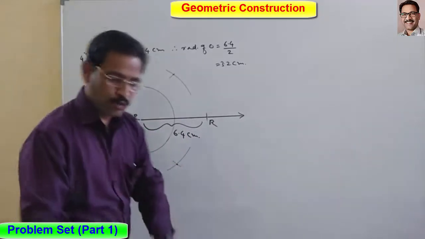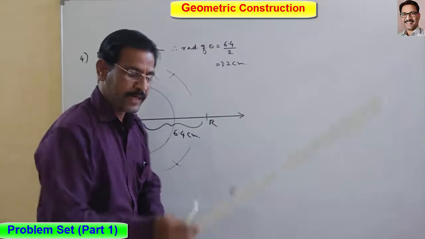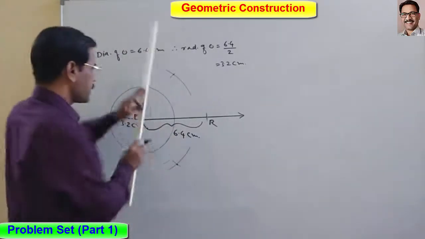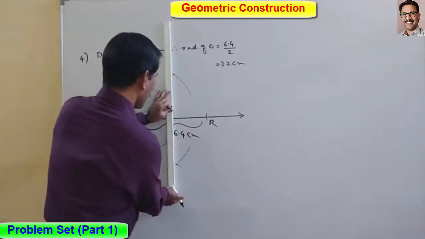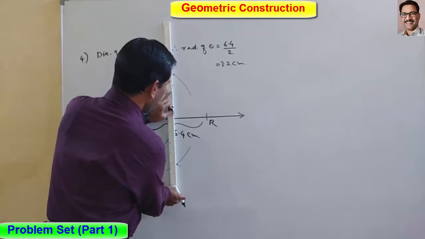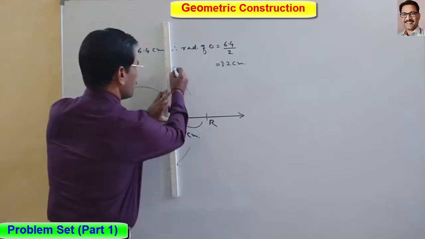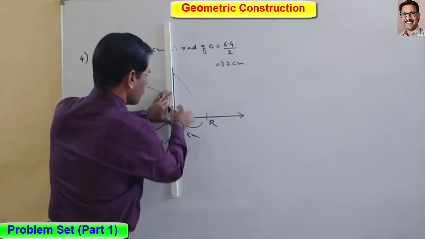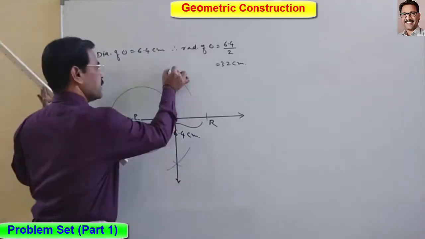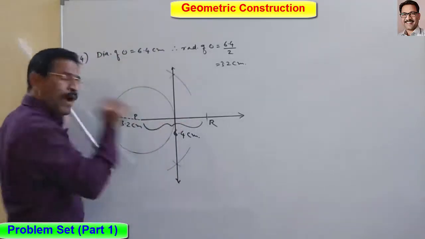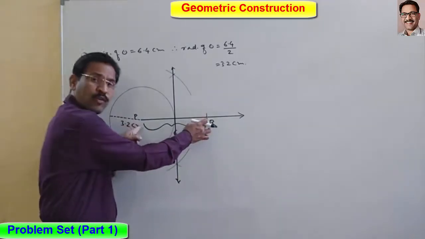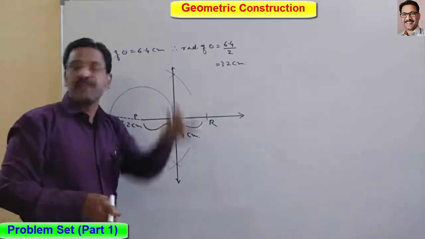Okay, that should exactly touch the circle. Let's see whether it touches or not. Look friends, if you just observe here, that might touch. So very carefully, friends, this is the procedure. Look friends, this touches exactly. Why does it touch? Because the distance is 6.4, which is exactly double the radius.